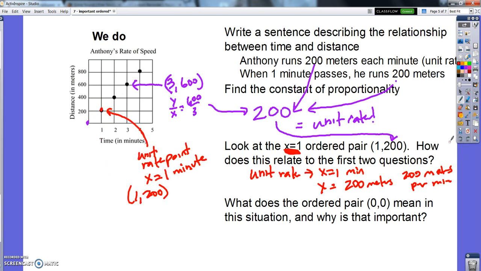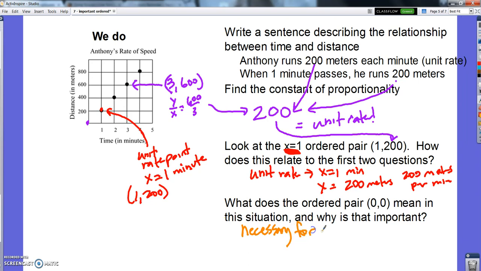All right, and last but not least, what does the ordered pair 0, 0 mean, and why is it important? It is important because it is necessary for a proportional relationship. And it is right here.